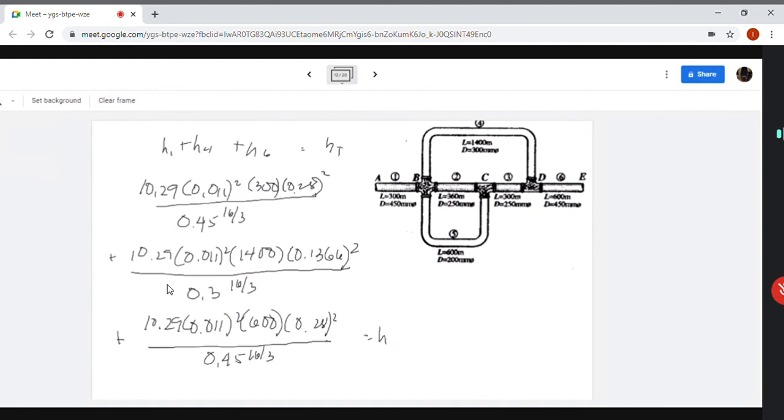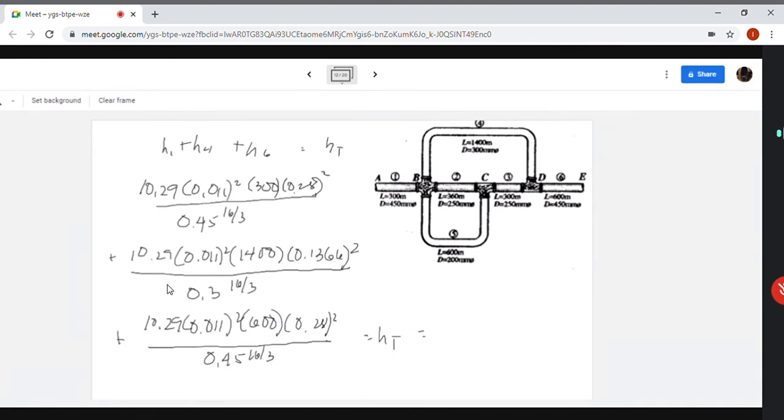So that is your total head loss, using 10.29 times 0.011 squared times L times Q squared over D to the 16 over 3.